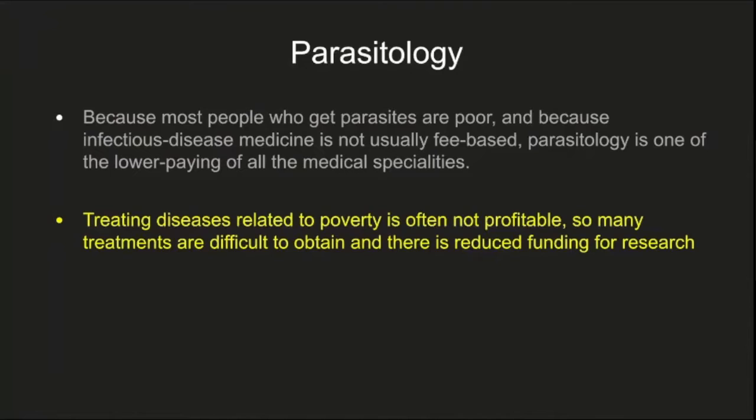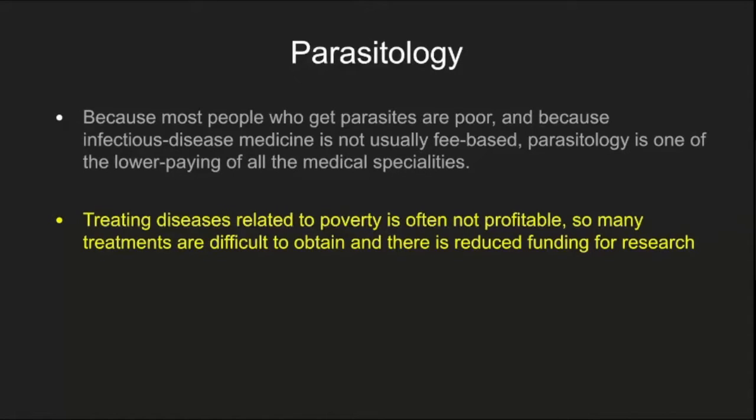What are other types of infections? Well, parasitology. This is where you would travel to a country that has weak economics, weak government system, and poor infrastructure. So their water supply and their water system constantly gets infected with microbes that can make you sick. Treating diseases related to poverty is often not profitable.